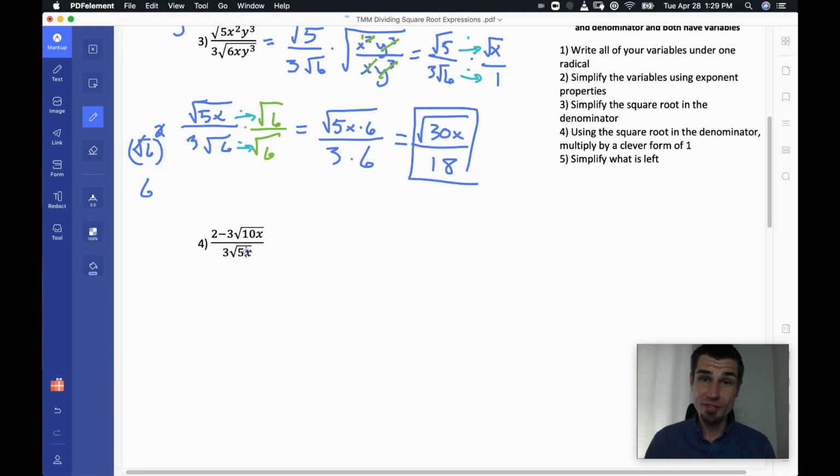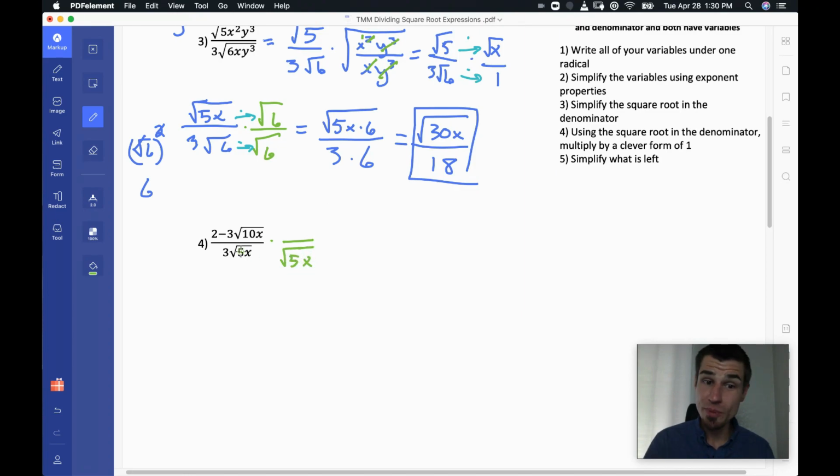So if we want to get rid of the square root of 5x, what do we got to do? I heard somebody, you said it, multiply by a clever form of 1. And you're absolutely right. Look at you, learning. So good. Good job. So what do we need to multiply by in the denominator? Whatever is in this square root. We just need to multiply by this thing again, square root of 5x.